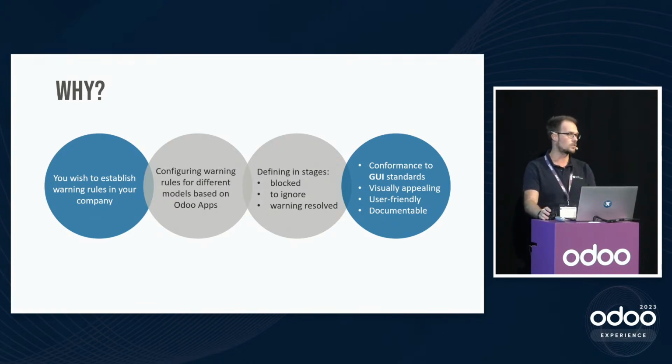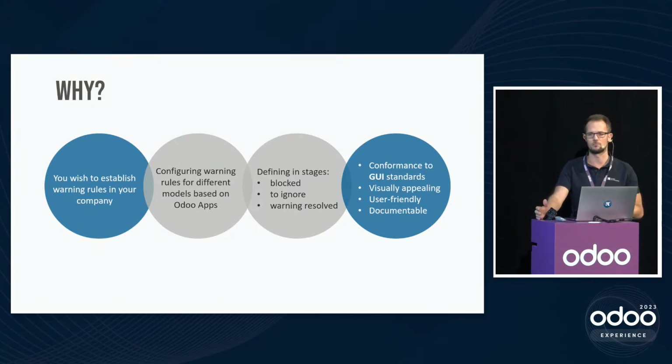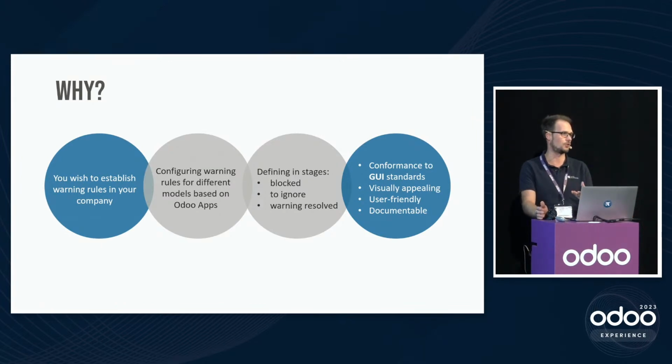It has to be tailored to specific models, and the user interface has to be standard. Looking good and easy to use is very important when you're working with employees and when your employees have to do this. And for sure, the last item is offering documentation. Every time you need a documentation. If you write a module, documentation. If you do something, if you ignore it, if you accept something, you need a documentation to look it up.